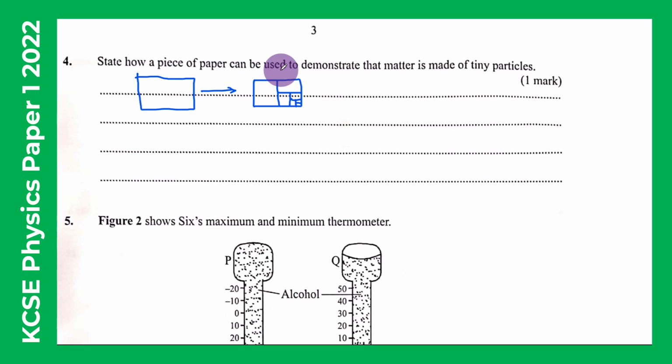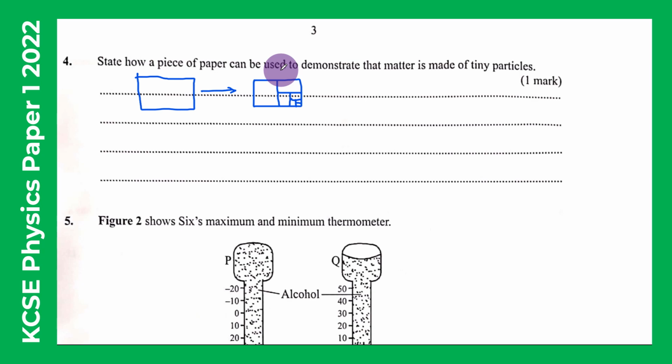So we start with a big paper, we cut it into 2. We take 1/2 of that, we cut it into 2. Then we take that half again, divide it into 2. We continue like that until at the end we will not be able to use that pair of scissors to cut that final particle.